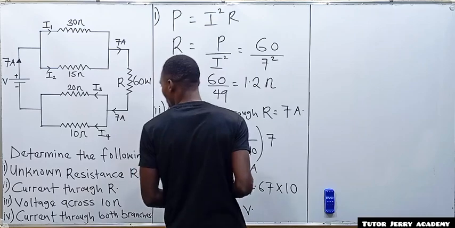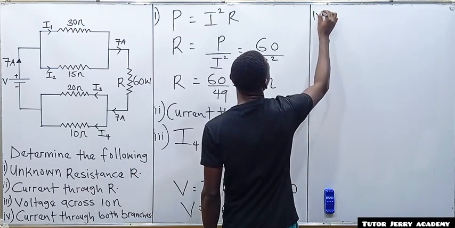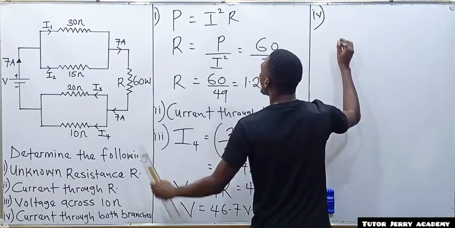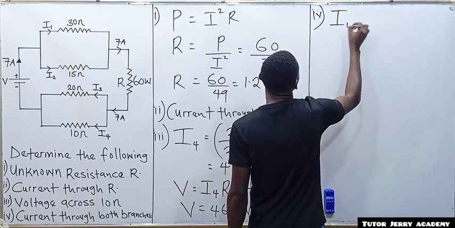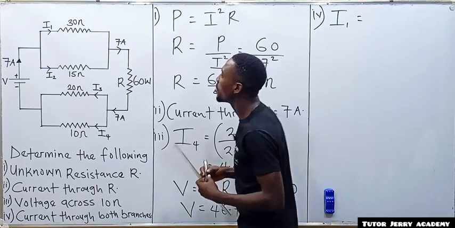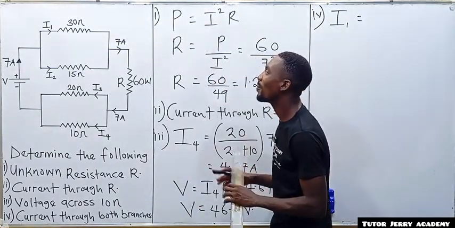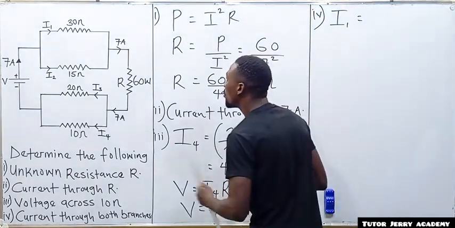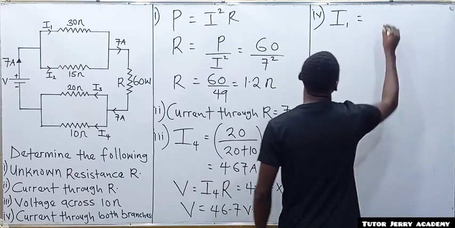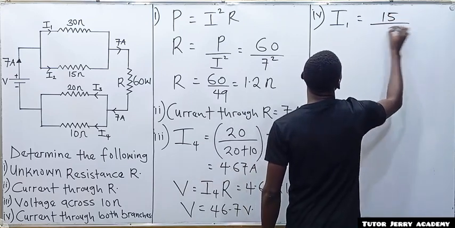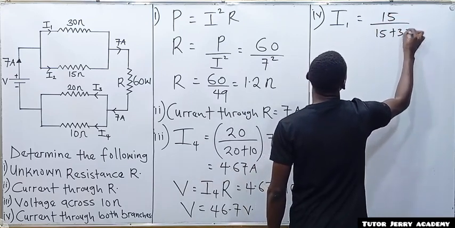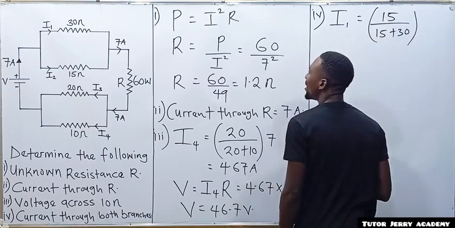All right. So number 4, let's go for I1. Since 30 ohms and 15 ohms are in parallel, we can apply the current divider rule. So it's going to be 15 all over 15 plus 30 multiplied by the total current entering.